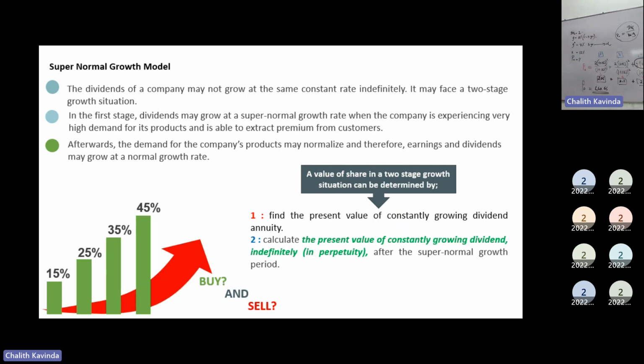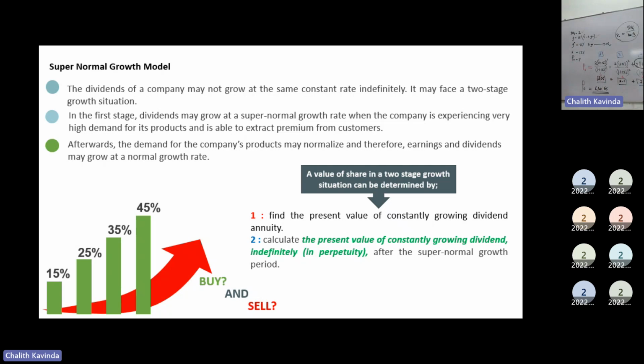They can pay. Afterwards, the demand for the company's products may normalize, because the product is being known by each and every party. Then the demand is little by little getting lower. Therefore, the earnings and the dividends may grow at a normal growth rate after this period, so they are trying to maintain a stable growth rate. This is what supernormal growth means.